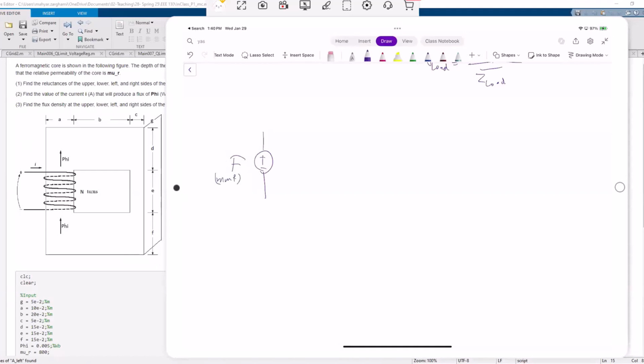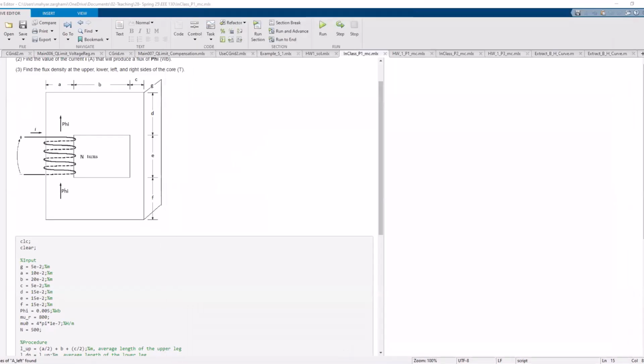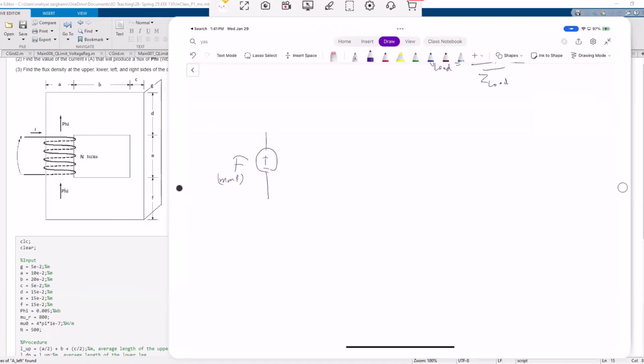This magnetomotive force could be direct or alternating. In this case, because your phi is going to be constant, it means that the current is going to be constant. So therefore, in this case, it would be a direct circuit. So I put just a plus minus, or we can show it this way.